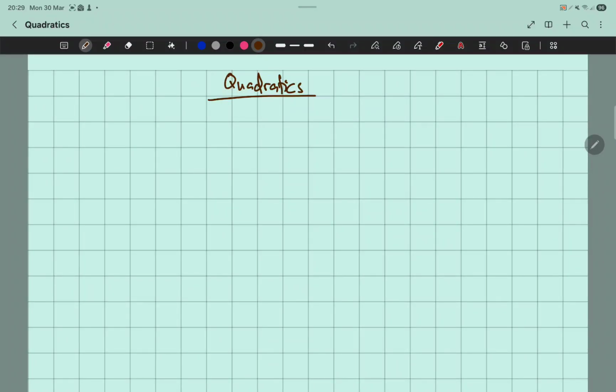In my last two videos I posted a video on an alternative method of completing the square. Given a quadratic equation, let's say for example x squared plus bx plus c, let's say this is f of x, a function of x, express it in the form a bracket x plus b squared plus c.